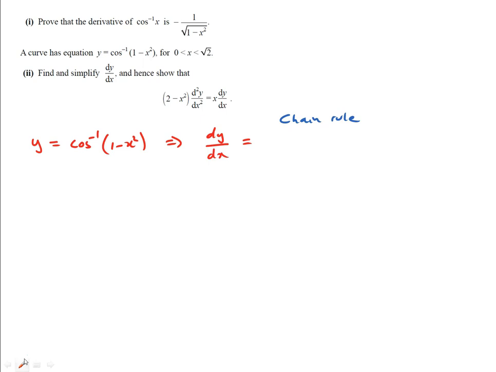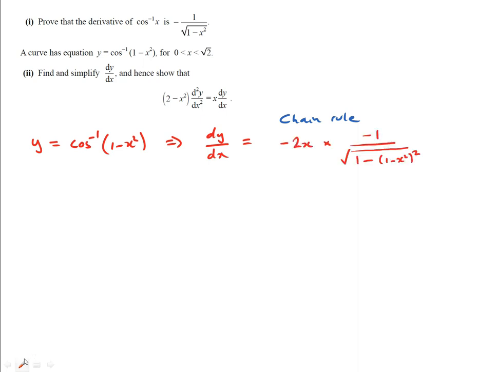To find dy by dx, we're going to need to use the chain rule. We know that the derivative of 1 minus x squared is minus 2x, and we know that the derivative of cos to the minus 1 of something is minus 1 over the square root of 1 minus the something squared.